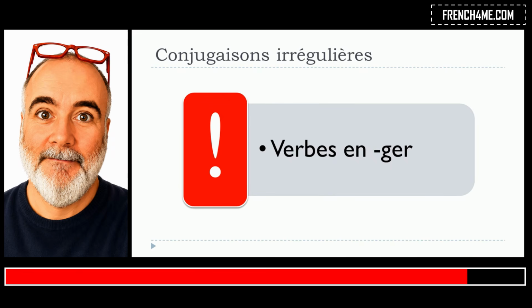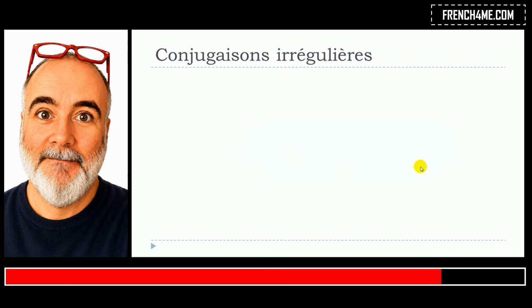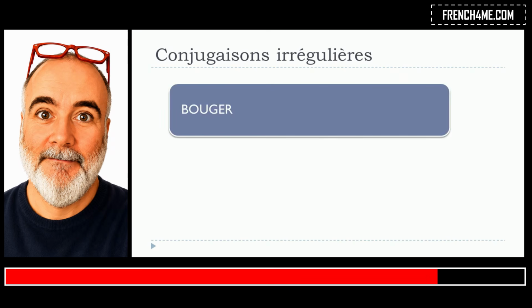I mean, for the endings, it won't be really a problem, but then for some subgroups, we will have some modifications, and this is one of the subgroups that we will talk about, verbs ending with GER, and we'll see the reason why we've got these modifications.